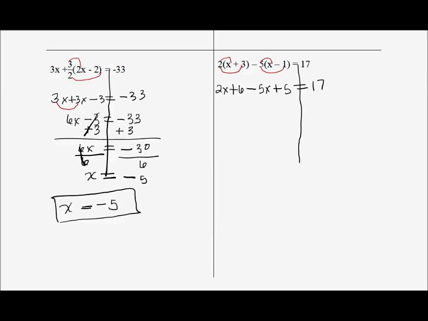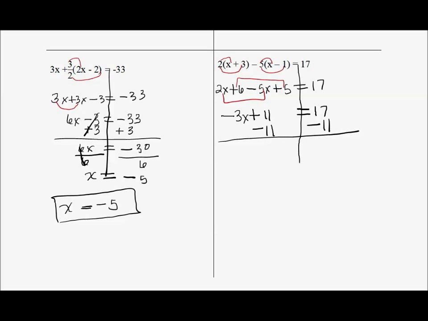Now I'll look for my like terms. So now this gives me 2x minus 5x gives me a -3x, and then 6 plus 5 is 11. Bring down my equal sign, 17. So now I have to get rid of the plus 11, so I want to do the opposite and say minus 11.